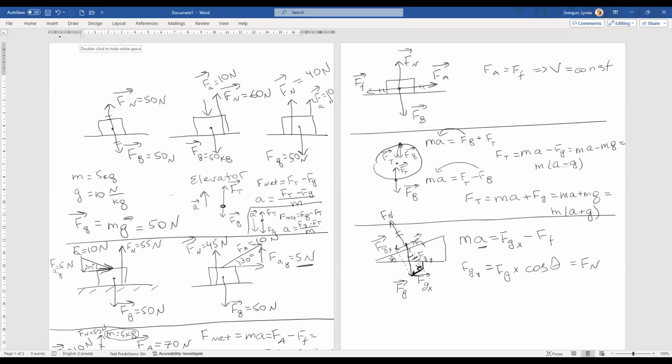Okay, so if object is on very smooth surface, in horizontal direction it will be only horizontal component of force of gravity, so FGX, and object will be sliding down. Net force will be equal to horizontal component of force of gravity.